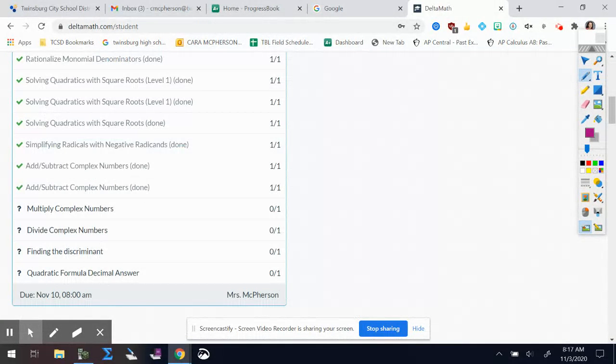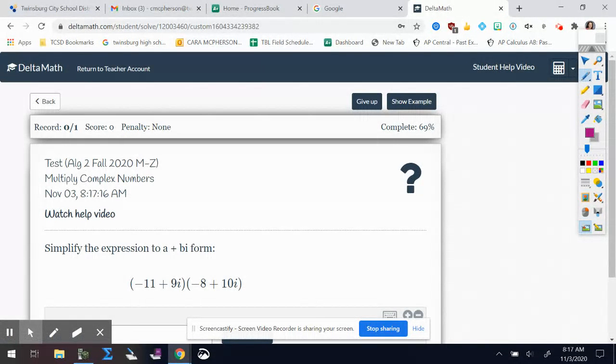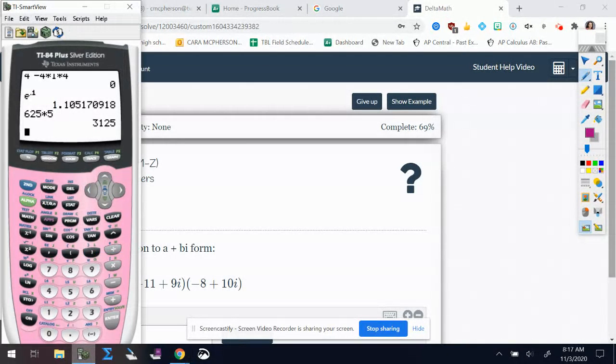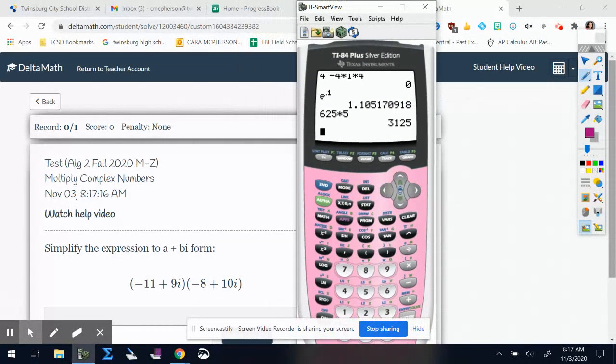Now, when you're multiplying and dividing, you definitely want to use a calculator. So I'm going to take you through that on the calculator and not write anything down. I am multiplying negative 11 plus 9i, so you want to make sure you use parentheses. Your i is hitting second and the decimal point.